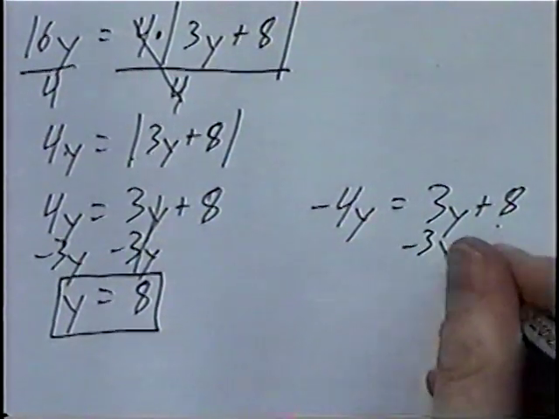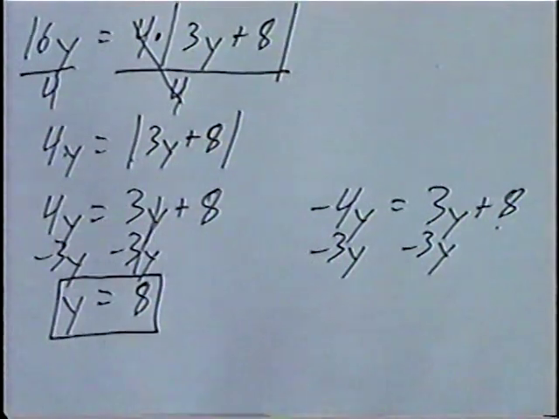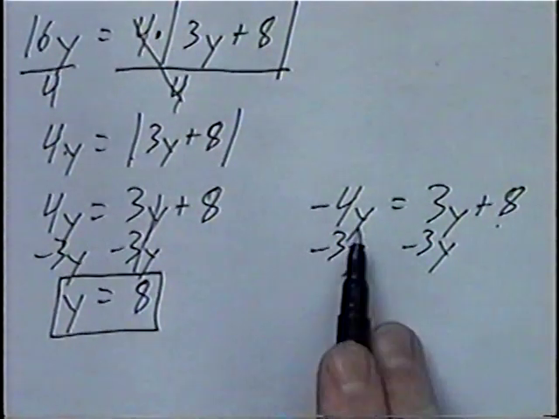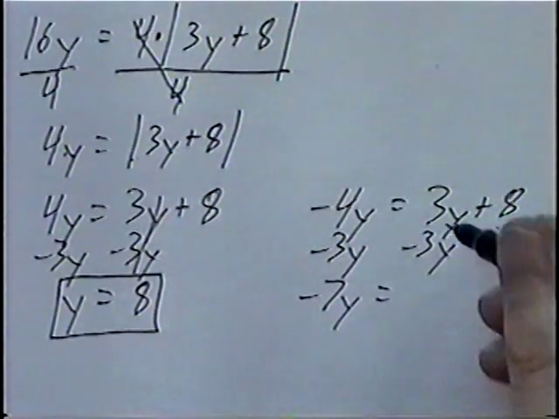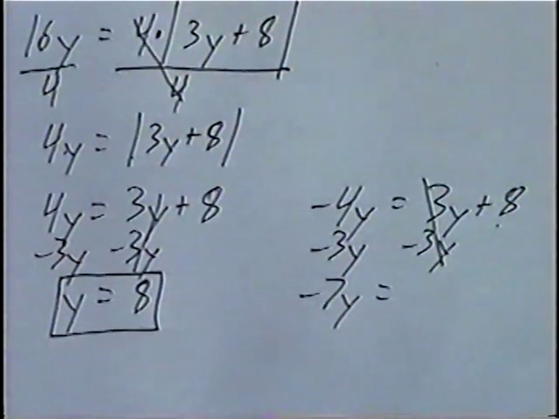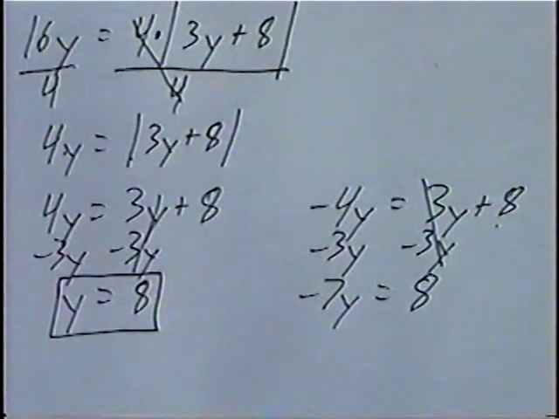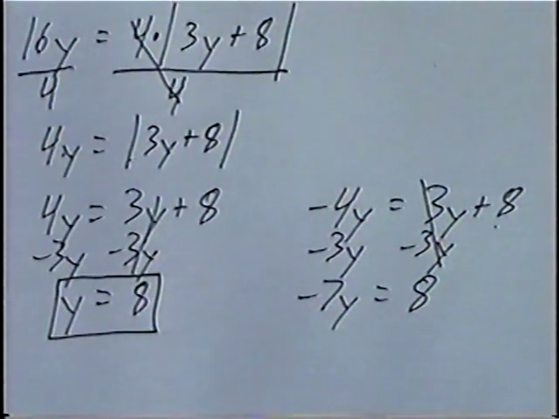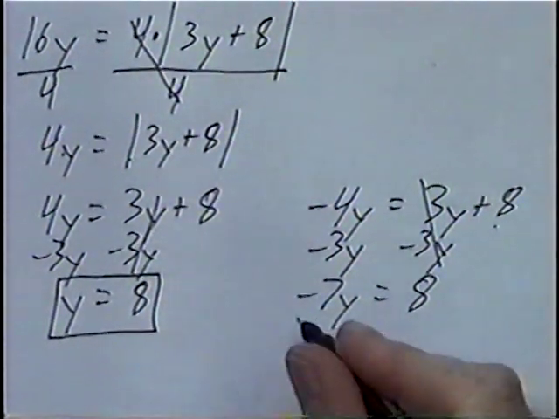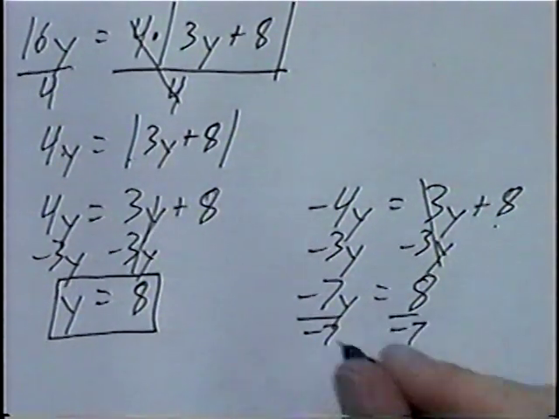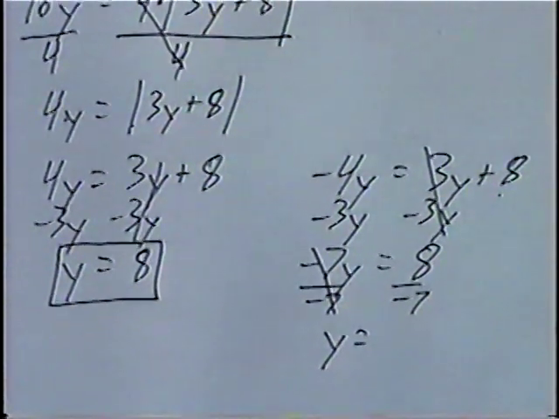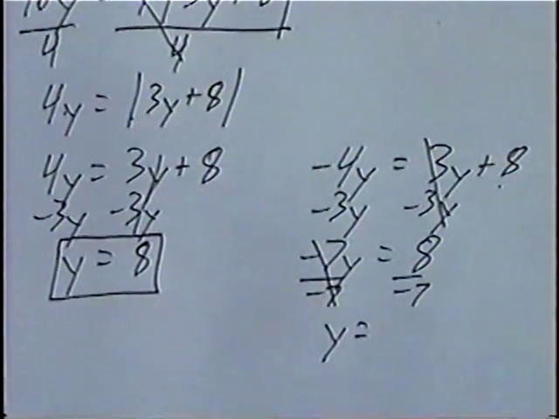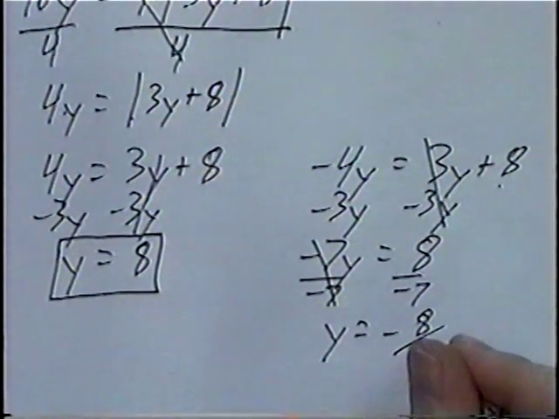Same steps, we can subtract 3y on both sides. Negative 4y minus 3y would be negative 7y. And again, the 3y's would cancel on the right hand side and equals 8. Solving from here, negative 7y, we can divide by negative 7. So the negative 7's cancel. And our second possible answer will have a fraction, negative 8 over 7.